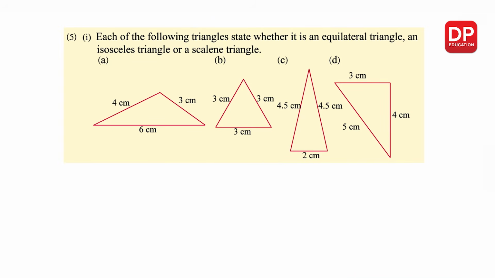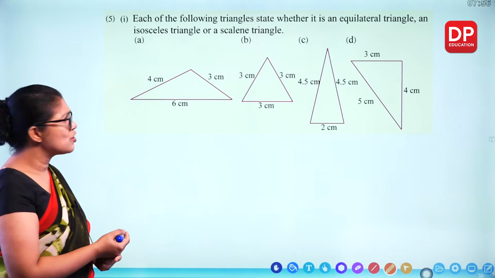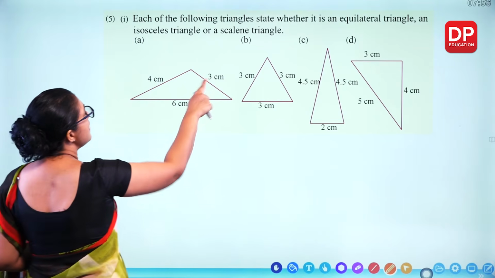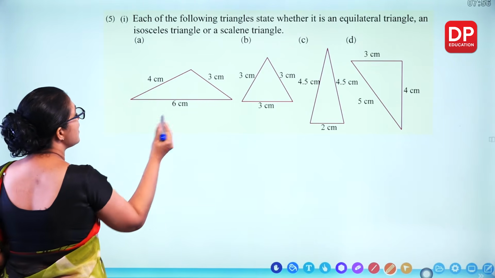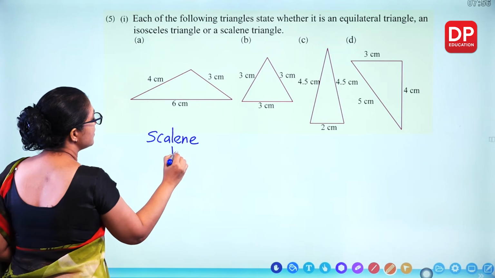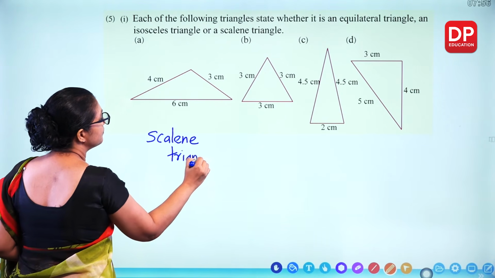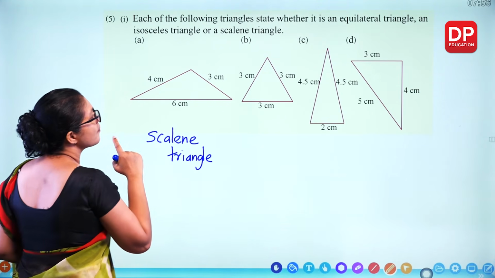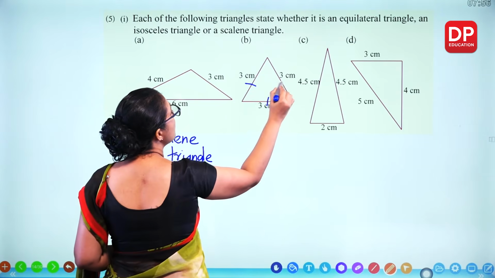Question number 5. For each of the following triangles, state whether it is an equilateral triangle, an isosceles triangle or a scalene triangle. So how do we identify? All the lengths are different lengths. So that's a scalene triangle. All lengths are equal.